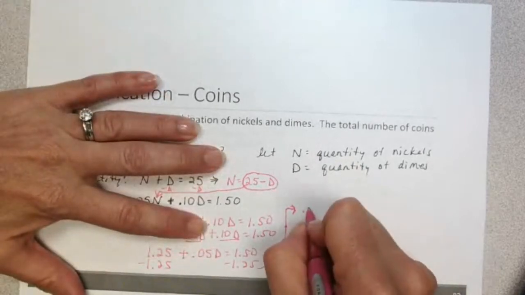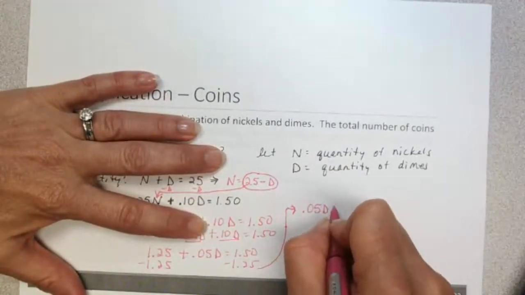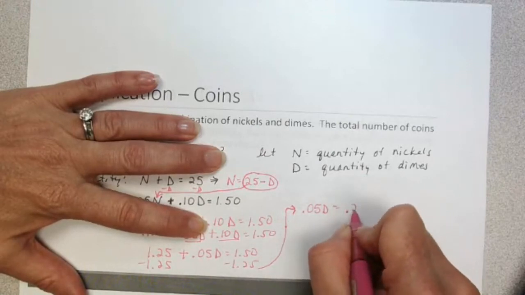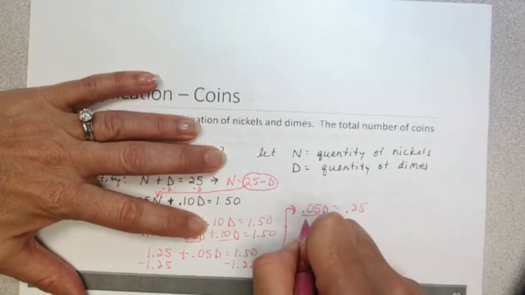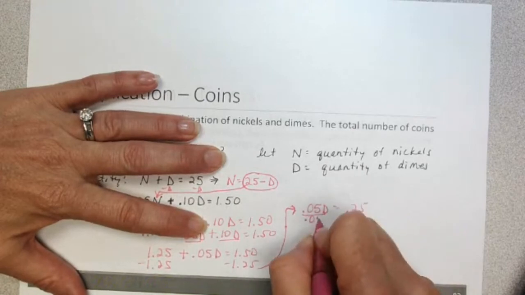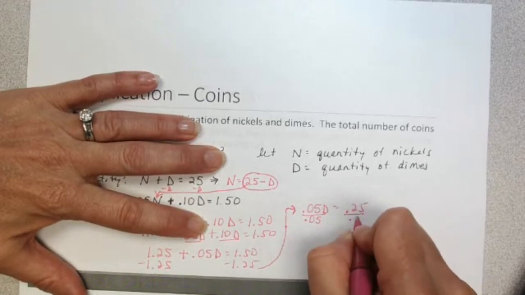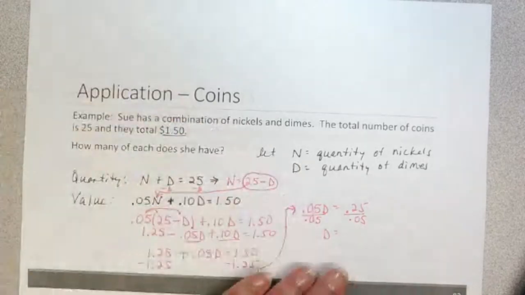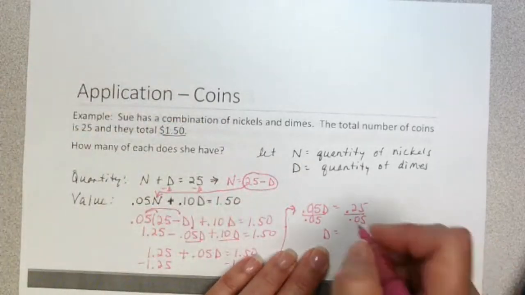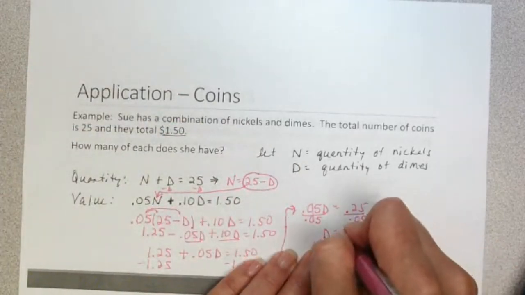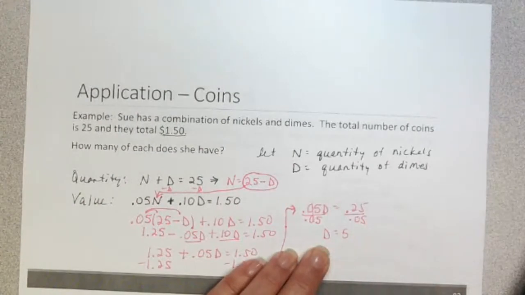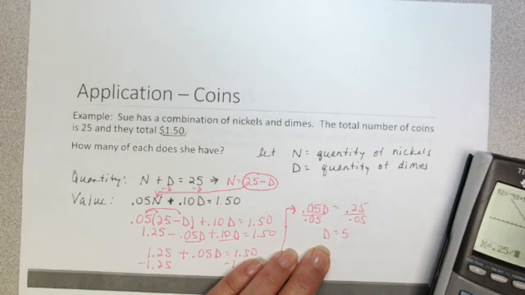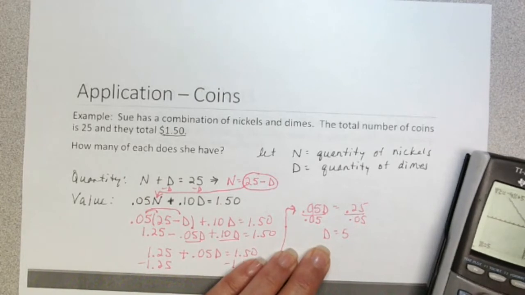So then 0.05d equals 1.5 minus 1.25. That's going to be 0.25, and dividing both sides by 0.05 tells us that the quantity of dimes is 5. 0.25 divided by 0.05 is 5.